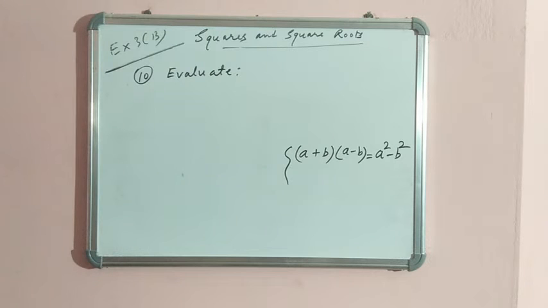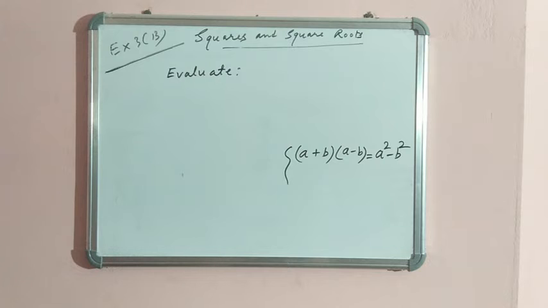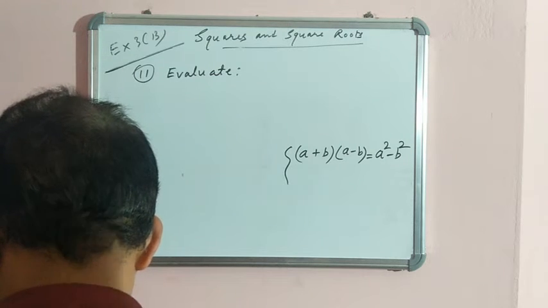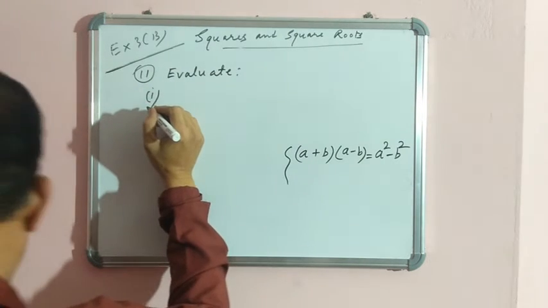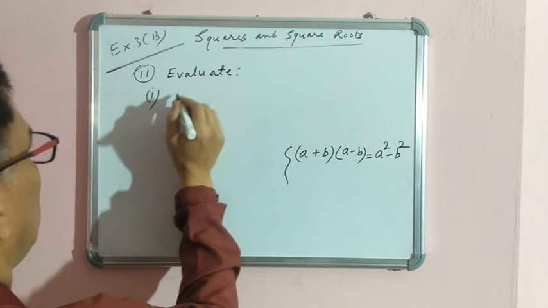Now question number 11, we have to evaluate. The first part is 88 into 92.